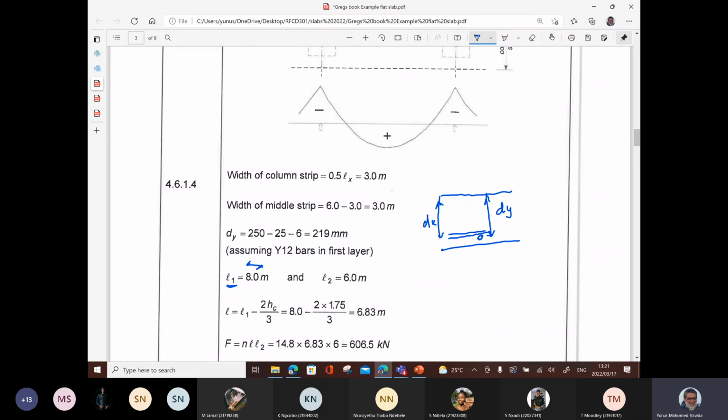All right, so your L, your effective length, like how you have effective length of a beam, effective length of a restrained slab, etc. The L becomes L1 minus 2hc over 3, right?